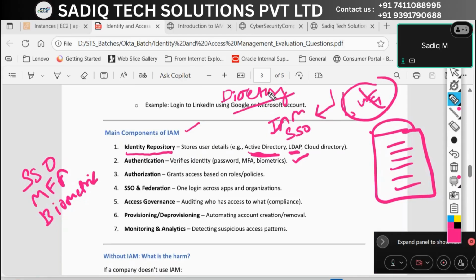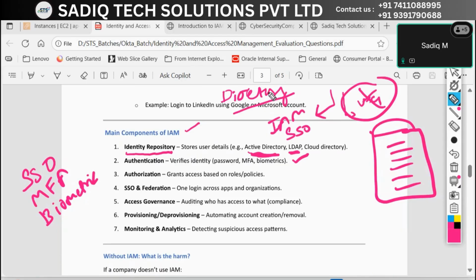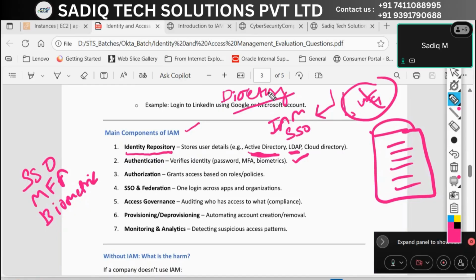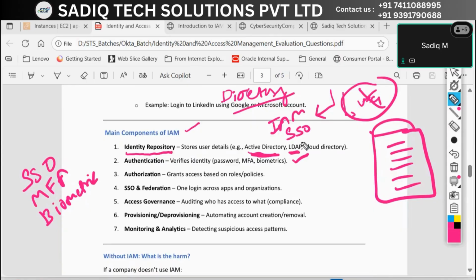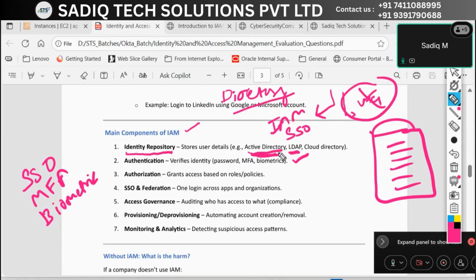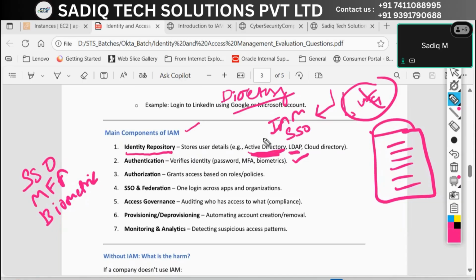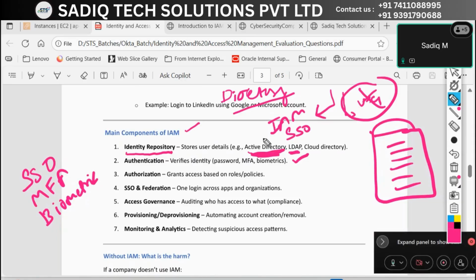Similarly, to store users' information, company devices information, company units information, all these will be stored in Active Directory or LDAP. We'll talk in detail about Active Directory while integrating Active Directory with the IAM tool. So we are going to talk about that Active Directory part also in the coming classes.